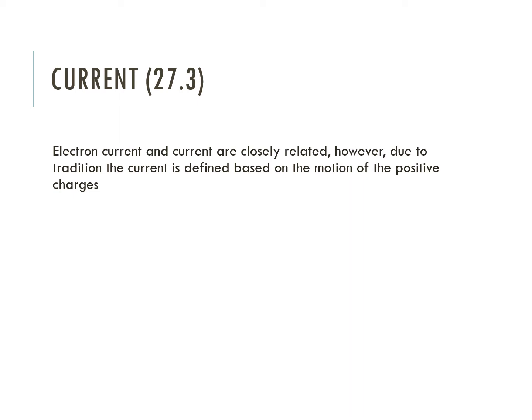Because of this, all of the rules and all the ways that the equations are formulated are based off of positive charges. Is that correct? No. However, it does give us a couple of nicer things to look at.